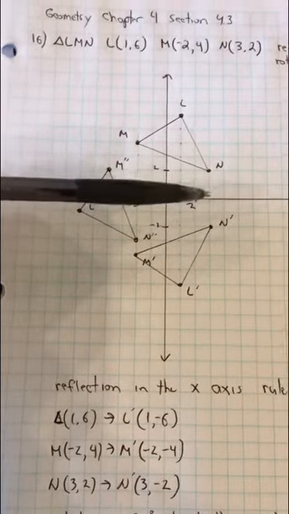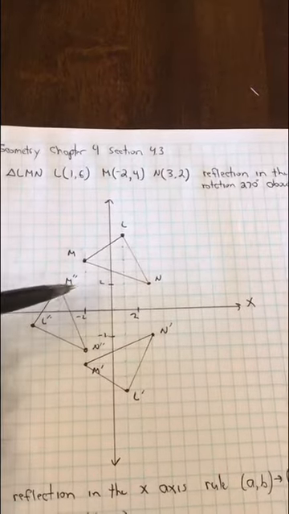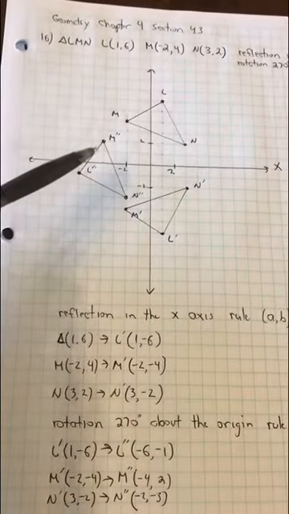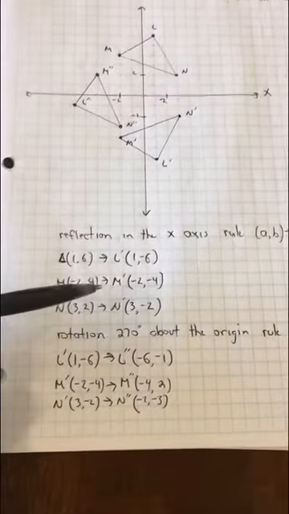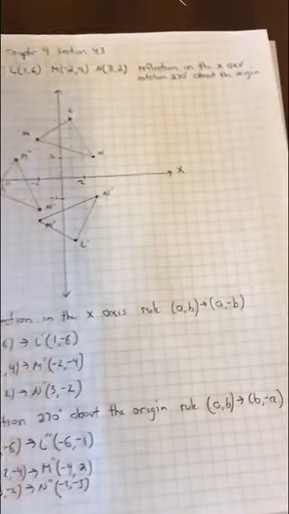I started here, went to here, notice the prime, and then I went to here, my second image, N double prime. So I reflected it, and then I rotated it 270 degrees counterclockwise about the origin, and that's where I wound up. I did 2 motions here, a reflection and then a rotation, for problem number 16. So that's what I did for that one.